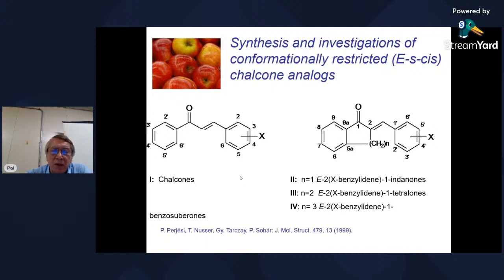The approach of this strategy was based on the previous knowledge, namely that the physicochemical properties, the reactivity of the enone unit, and the three-dimensional structure of the molecules can be modified by introducing a ring, a cyclic unit, into the open chain structure.